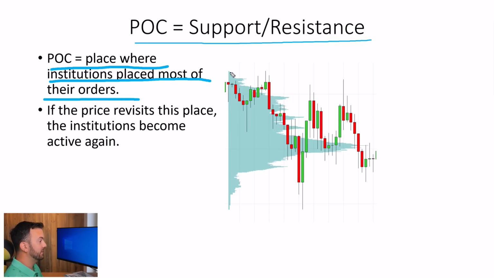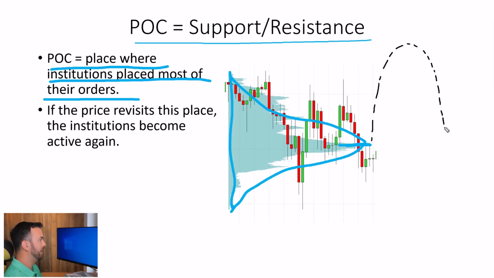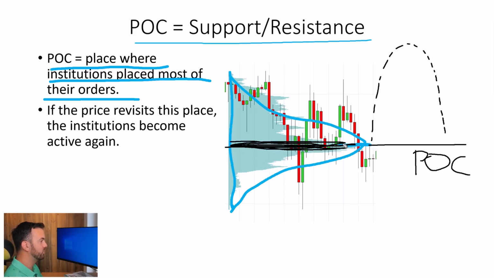So if you look at this daily volume profile and the point of control in here, what you basically want to do is this: if price revisits this place in the future, makes a pullback to this level, to the point of control, then the institutional traders who are active in here, who created this point of control, will become active again. They'll defend this place and they're likely to push the price up from here.